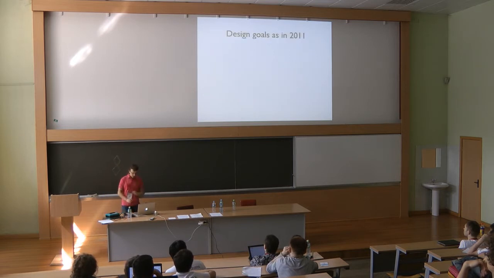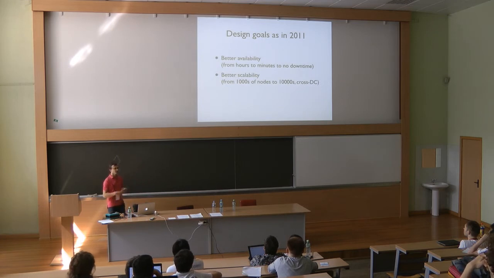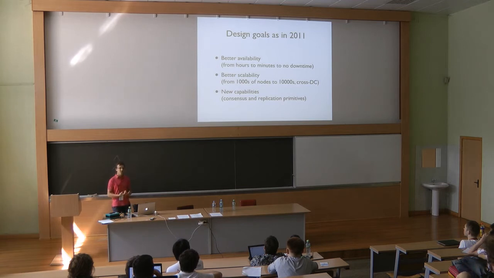So in 2011, the design goals mainly were better availability and better scalability in order to accommodate the data growth within a decade. And actually, one of the non-primary goals, but an important one, was to build some building blocks in order to replicate the knowledge about the distributed system to other parts of the company.